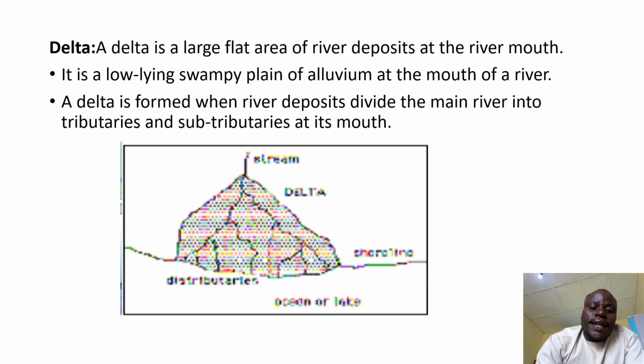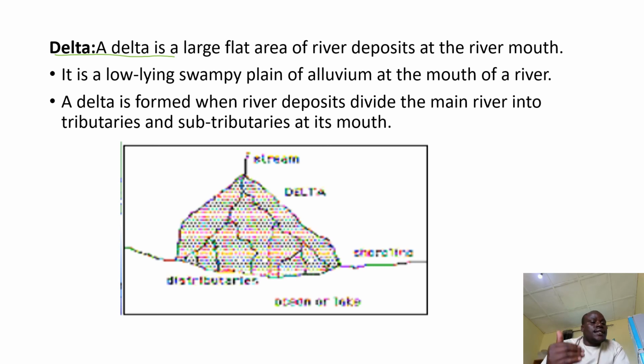We have a delta. A delta is a large flat area of river deposits at the river mouth. As the river enters the sea, it deposits, because that is the time when deposition is at its climax.